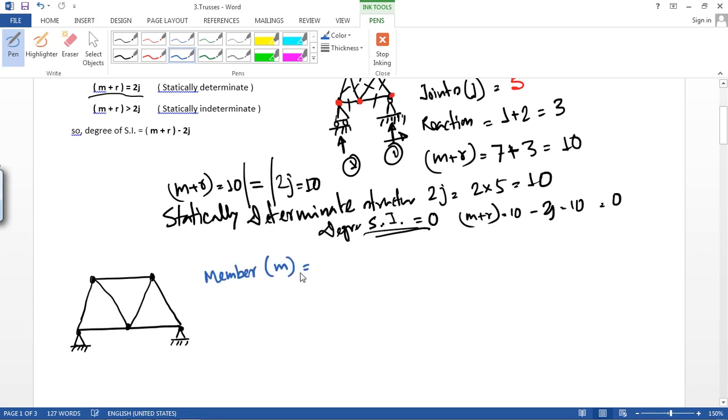Members M is equal to 1, 2, 3, 4, 5, 6, 7. Joints are 1, 2, 3, 4, 5, so 5 joints.